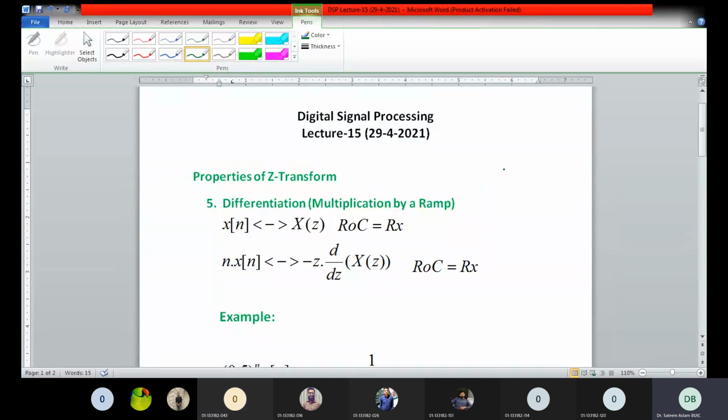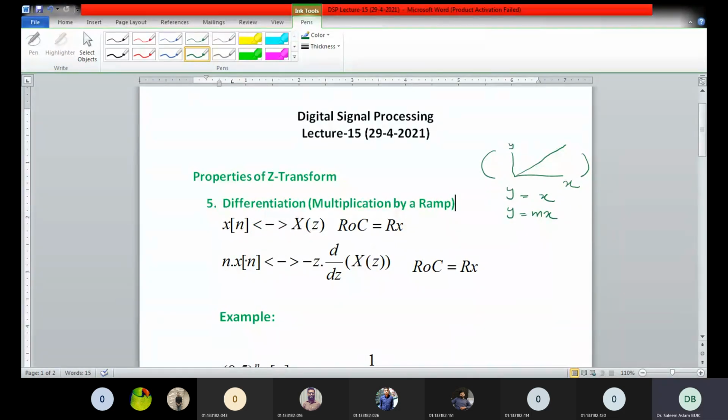For example, in maths, if here you have an x and here you have a y, this is a ramp function, where y is equal to x, and even all signals of the form y is equal to mx are known as ramp functions.